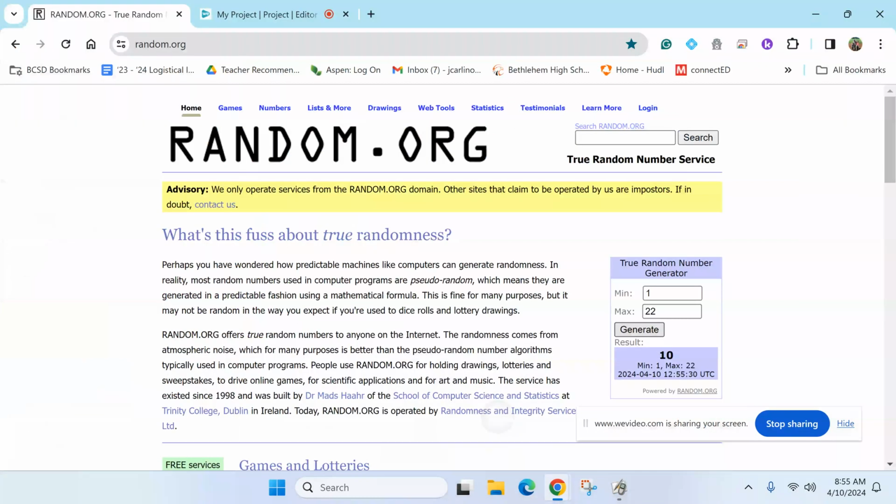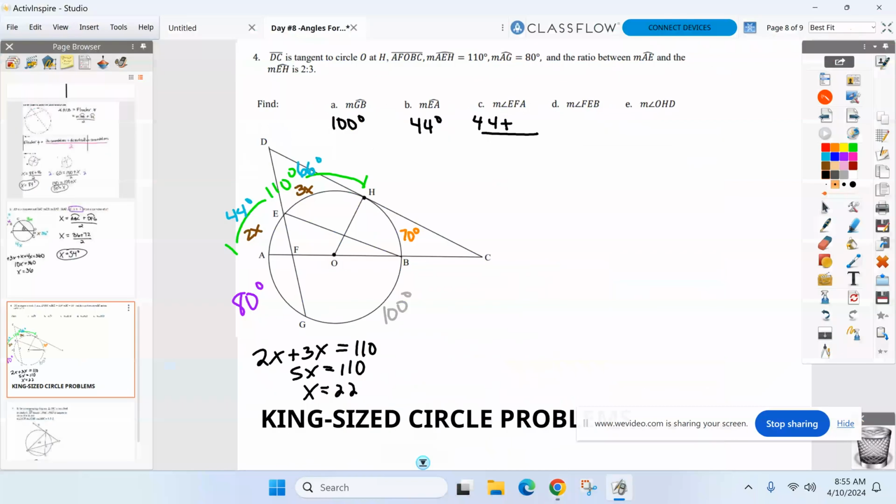What's the measure of its vertical angle's arc? Great job, 100 degrees. And I'm going to divide that by 2. So angle EFA is 72. When doing king-size circle problems, please put that number in your diagram too. You may need it down the road. So EFA is 72.